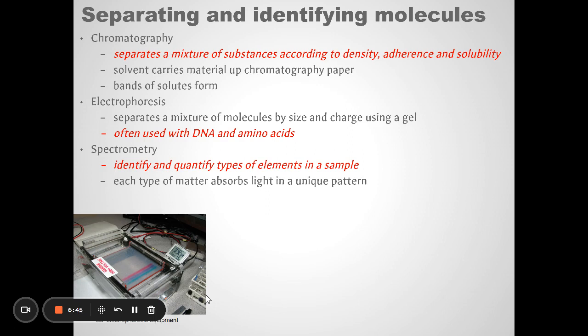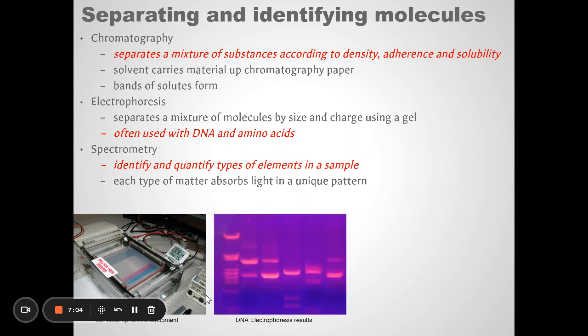And because of the charge of the DNA molecules, the DNA starts moving through this gel. Small pieces can move really far very easily because they squirt through the holes in this gel. Big pieces of DNA can't go as far because it's harder for them to make their way through the gel. And eventually, you stain it and you get a pattern of these bands. Each of these bands represents some DNA.